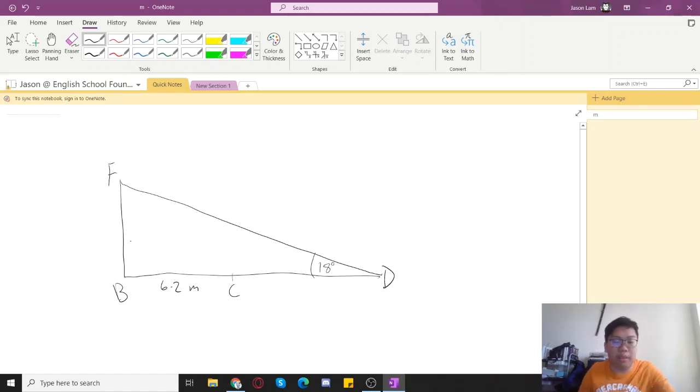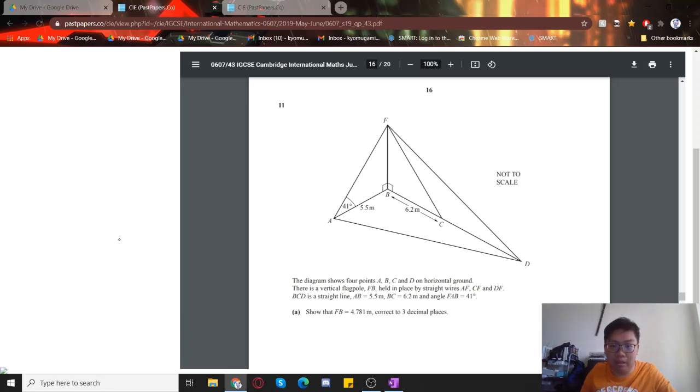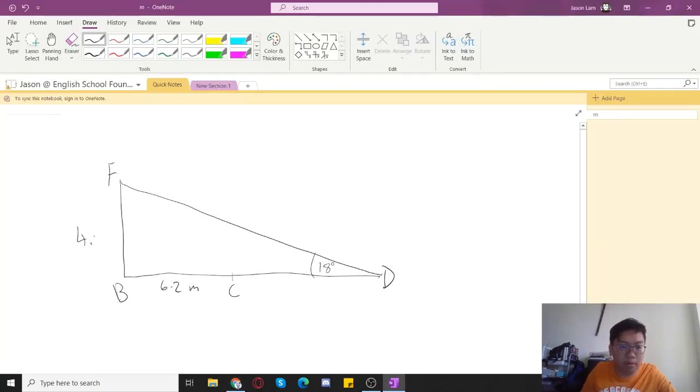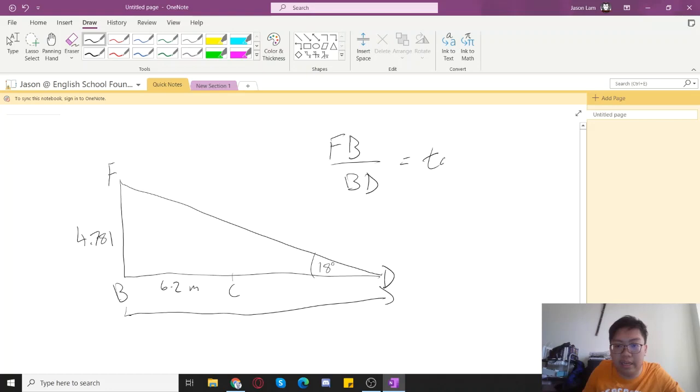Because we know that this FB length is 4.781, all you actually need to do is work out BD and take away. This whole BD you can work out simply with tan. So FB over BD is equal to tan 18. We don't know what BD is in its full length, but we do know this.